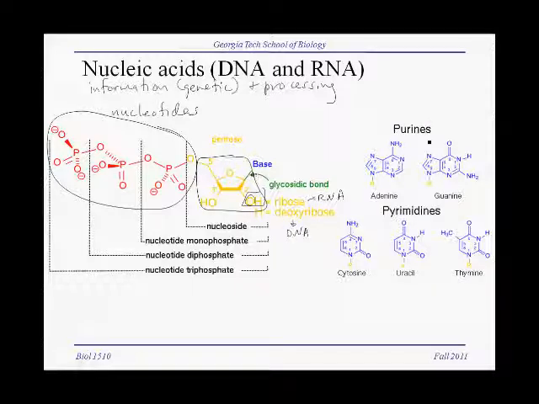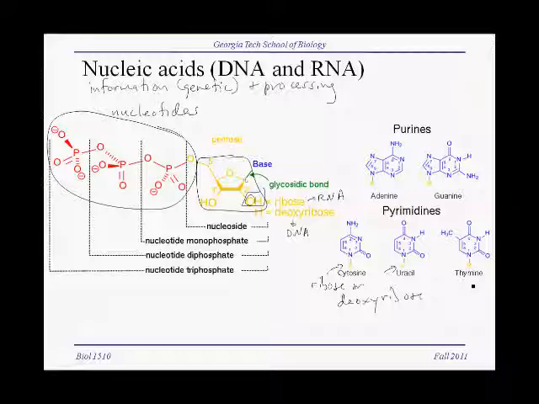Purines have 2 rings, and pyrimidines have 1 ring each. These are the nitrogenous bases, which have nitrogens in them. And I think these R groups refer to either the ribose or deoxyribose. This is how they're attached to ribose or deoxyribose.